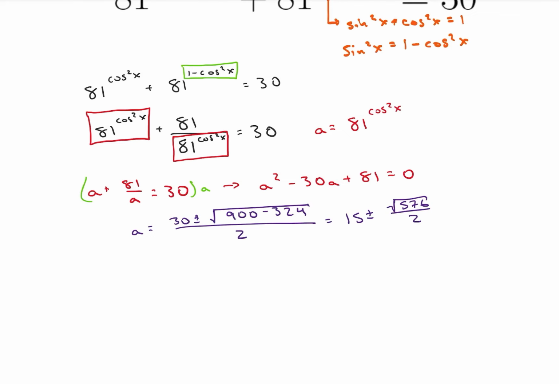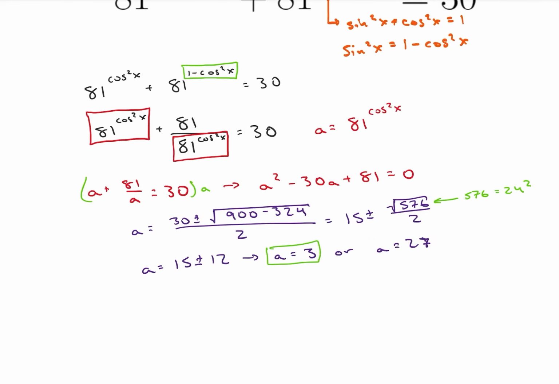And 576 happens to be 24 squared. So what we end up getting is that a is 15 plus or minus 24 over 2, so plus or minus 12. So a equals 3 or a equals 27. Okay, so we have 2 possible branches to go down.